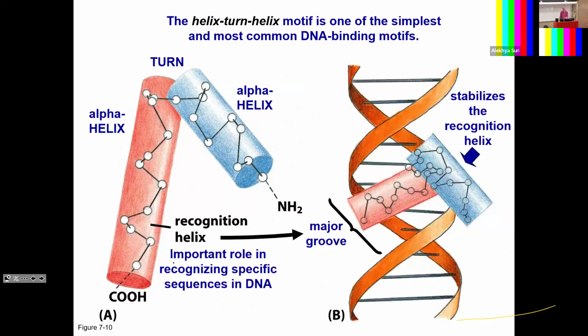One part of this helix, the recognition helix, will bind to the major groove in the DNA and will recognize these short DNA sequences. The other helix is just here for stabilization of this binding to the DNA. So, okay, helix turn helix motif.